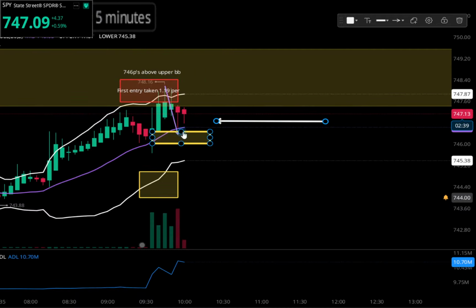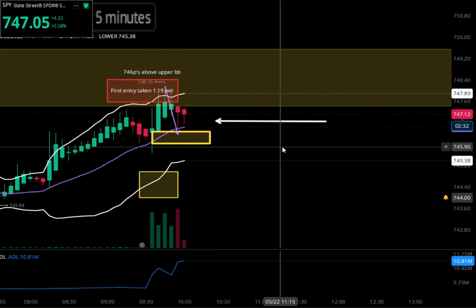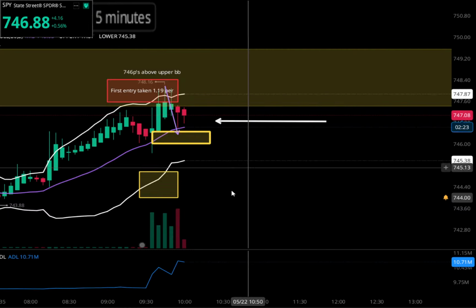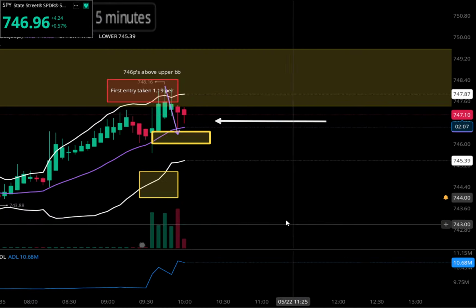Currently, we're waiting to have an exit for our first put entry here. Just being very, very patient. Yeah, if you can't add, then you just sell at the 20 mile and that'd be that.